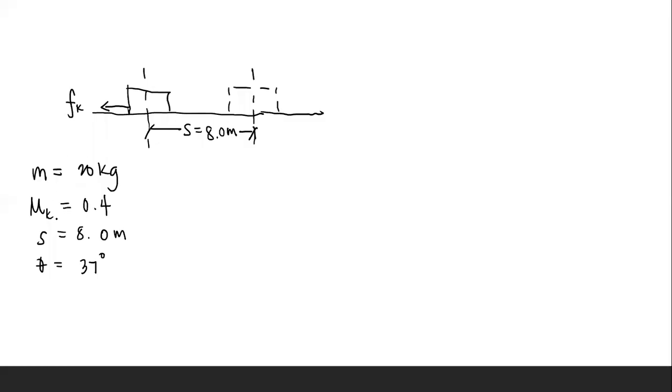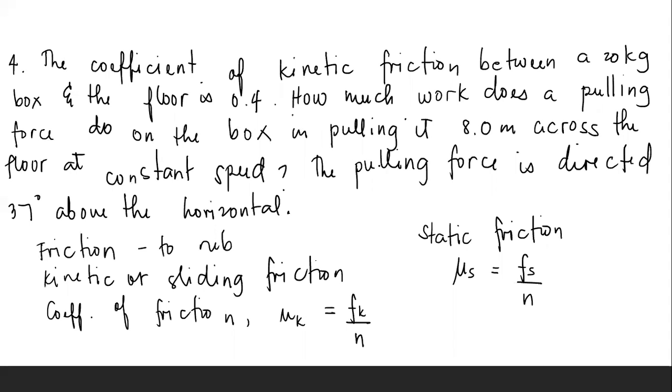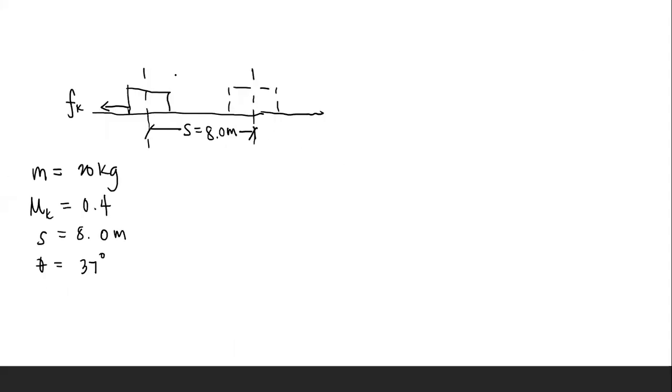Since there is a given mu k, the coefficient of frictional force, of course, there will be a kinetic frictional force. And then, with the condition that the pulling force is directed 37 degrees above the horizontal, therefore, we have here your force at 37 degrees.